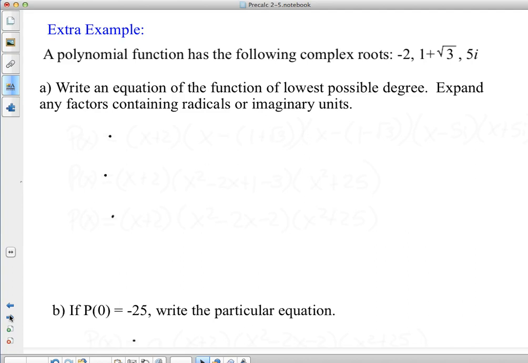Let's call this function P, and the only reason is that in question B we talk about P of 0, and we're really referring to the function we're finding. See what you can do about setting up the factors of your function based on the information provided.